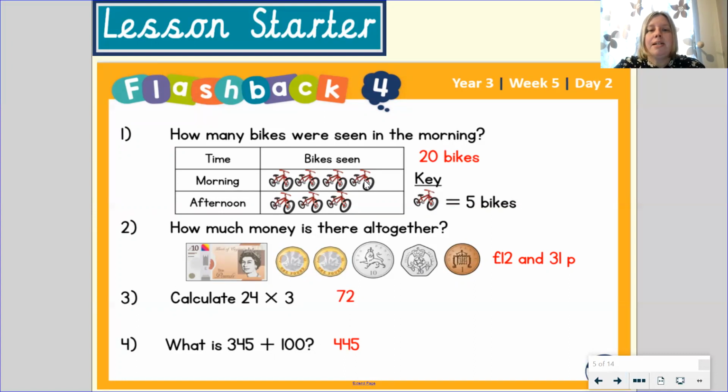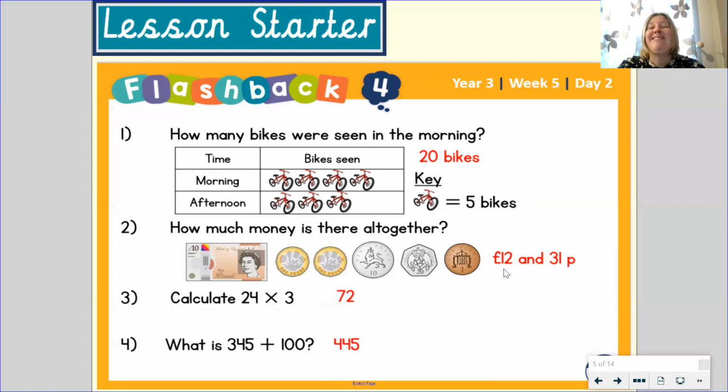Let's look at our next question. How much money is there all together? You've got a £10 note, 2 £1 coins, a 10p coin, a 20p coin, and a 1p coin. The first thing you need to do is add the pounds. £10 add £1 is £11. £11 add £1 is £12.